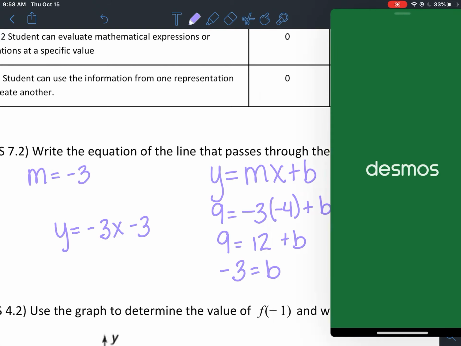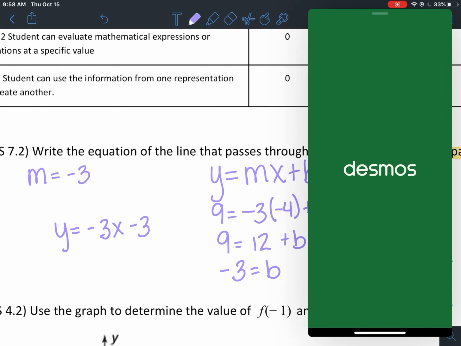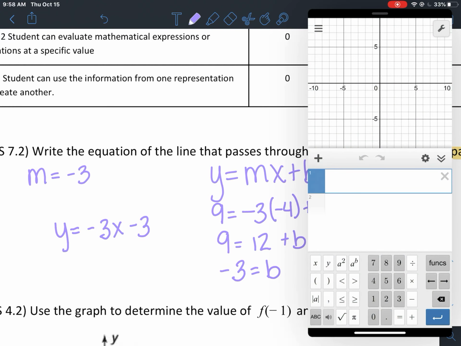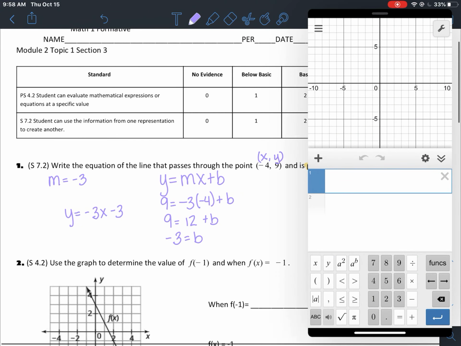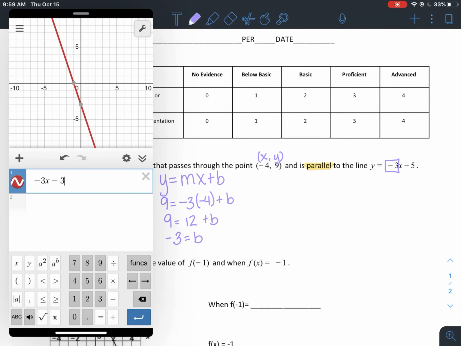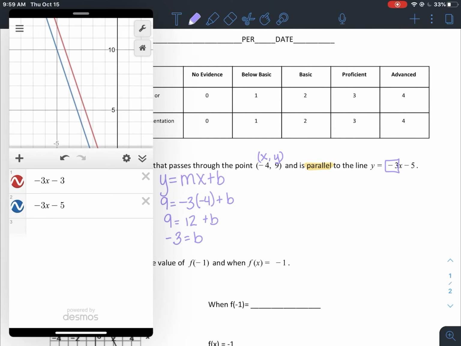Okay, and if you're not too confident, you can go to Desmos and graph both of those lines and see if it passes through the point (-4, 9). So let's see. We have -3x minus 3, and we also have -3x minus 5. Those are our two equations. And then let's see if it passes through (-4, 9).